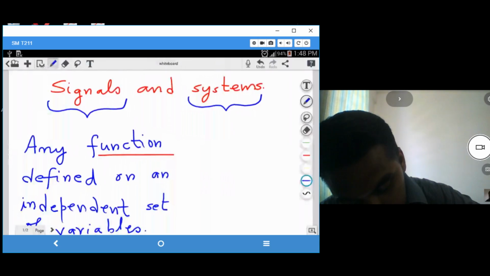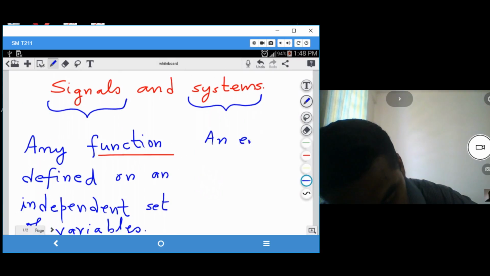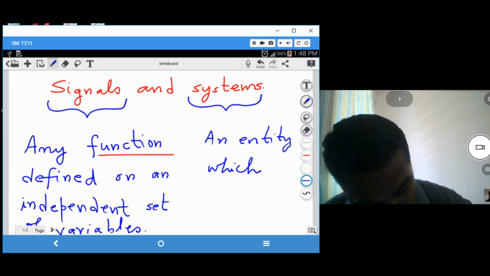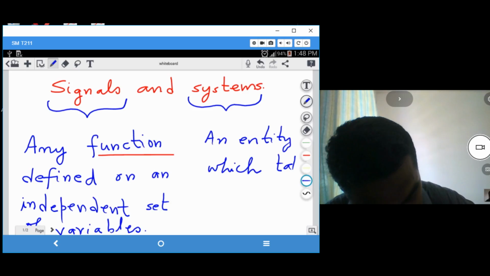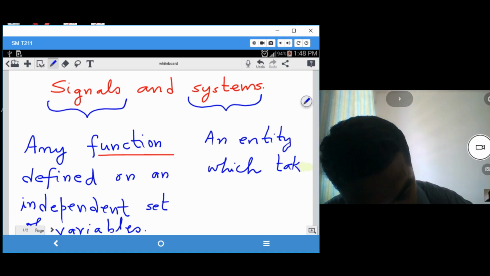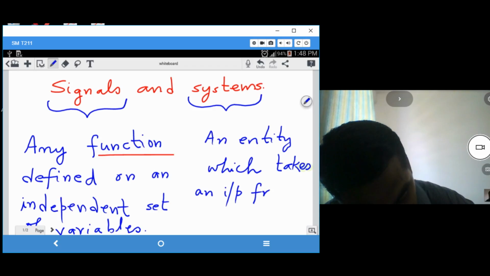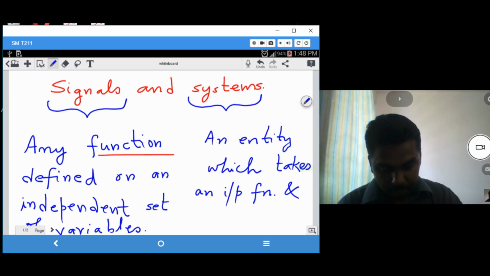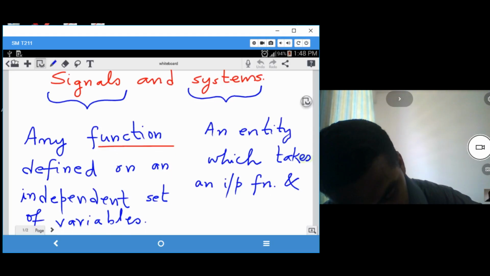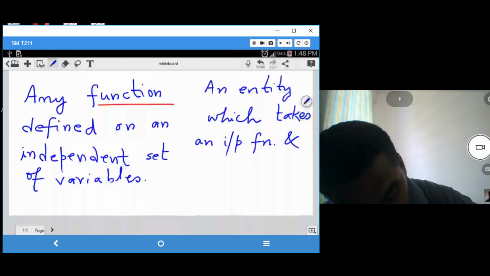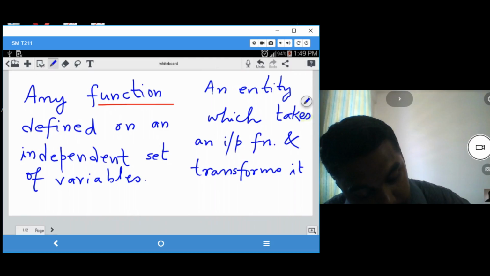So an entity which takes an input function and transforms it into an output function.